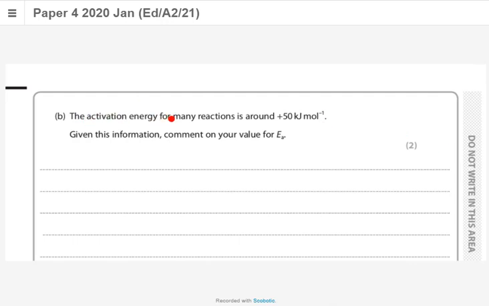The activation energy for many reactions is around plus 50. Given this information, comment on your value for Ea. Now we are getting a huge value, right? Sorry, this 31,000 is a gradient value.